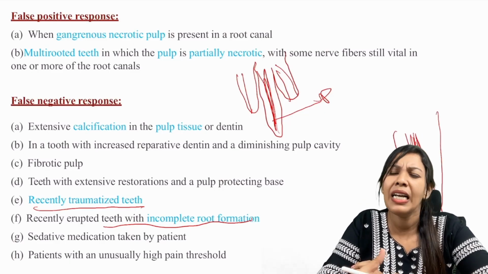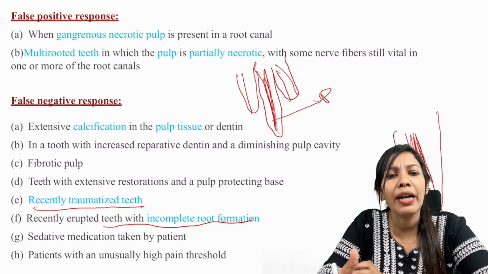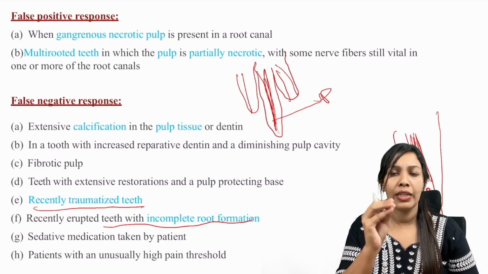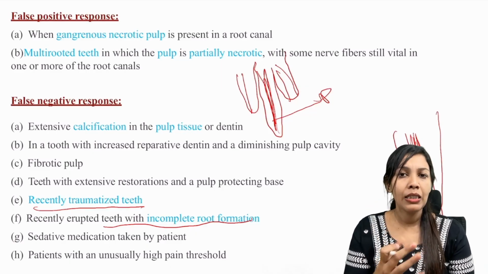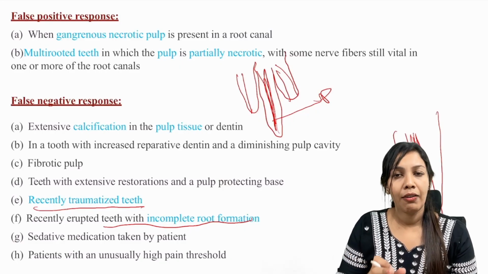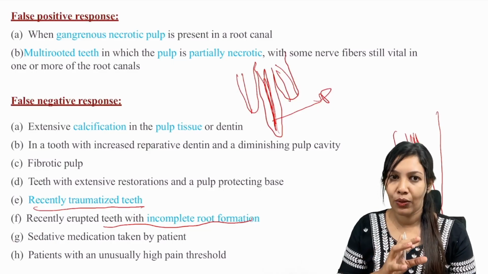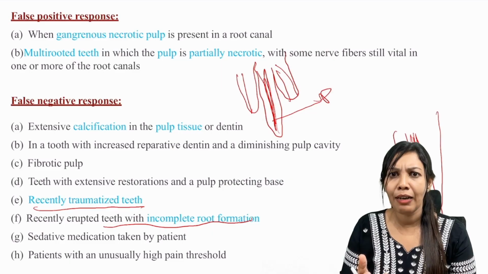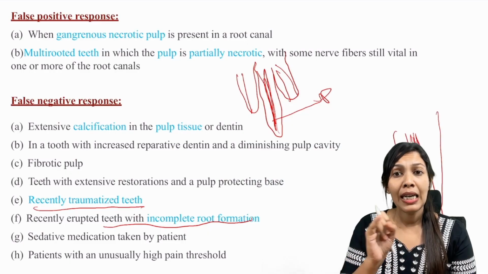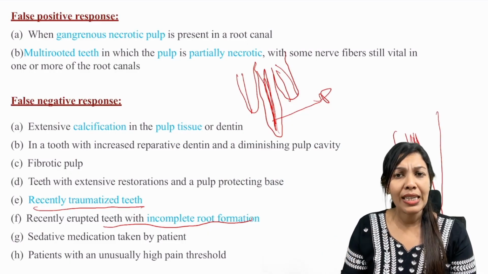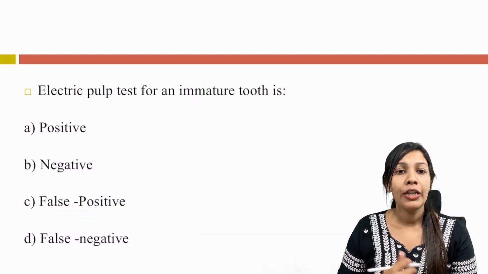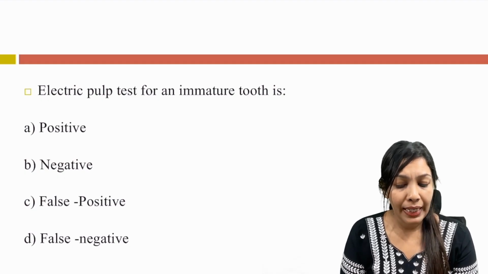Certain medication cases also show fibrotic pulp similar to calcification. Never get confused: false positive means falsely showing a positive response, live tissue, but there is certain necrosis. False negative means the tooth is alive but shows that it is dead. The three important conditions to memorize are calcification, recently traumatized tooth showing no response at all, and an incompletely formed tooth. See here, the electrical pulp test for an immature tooth.